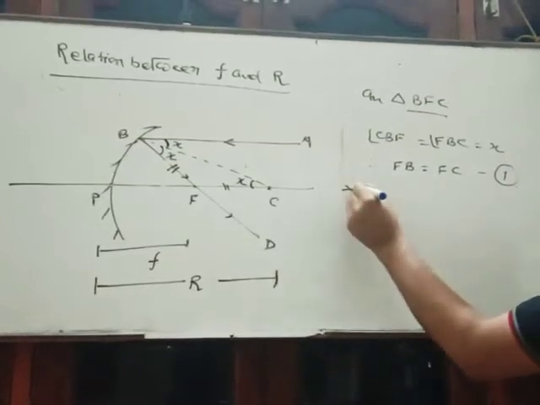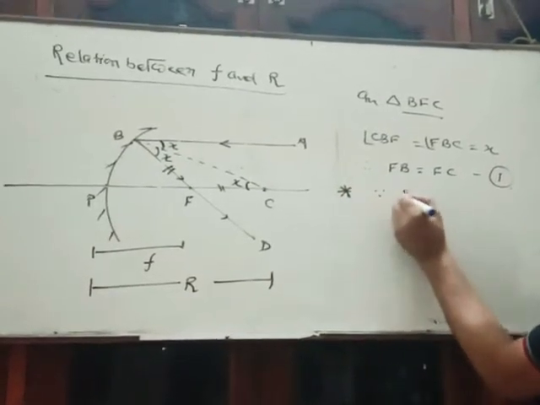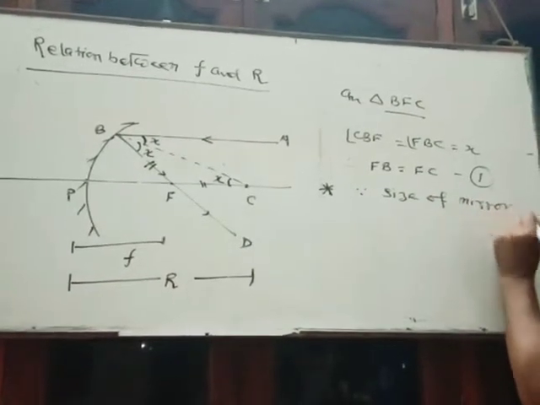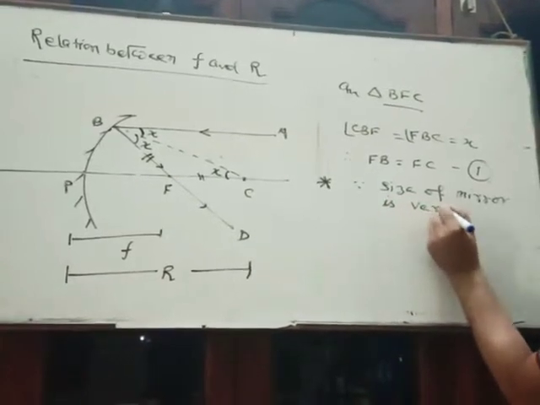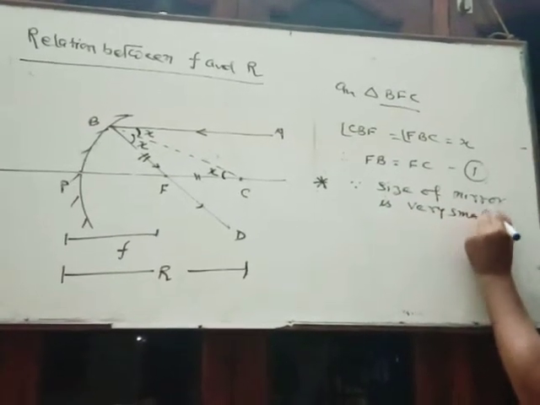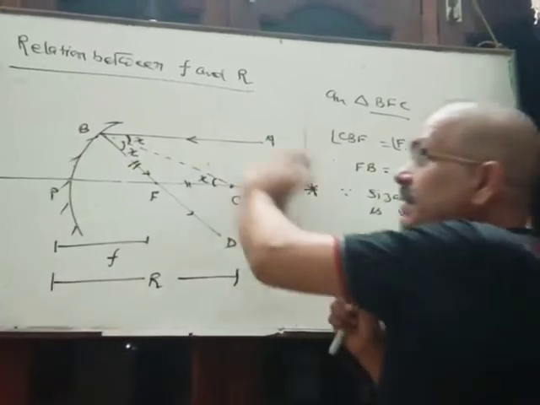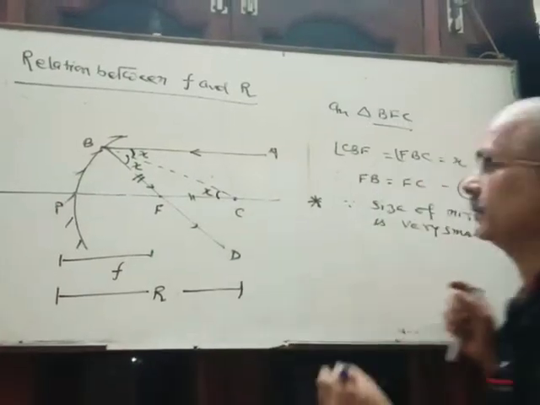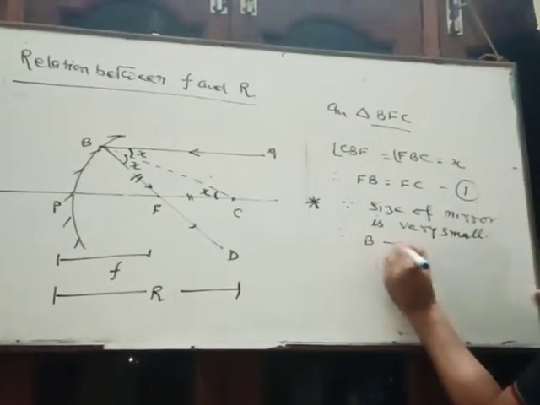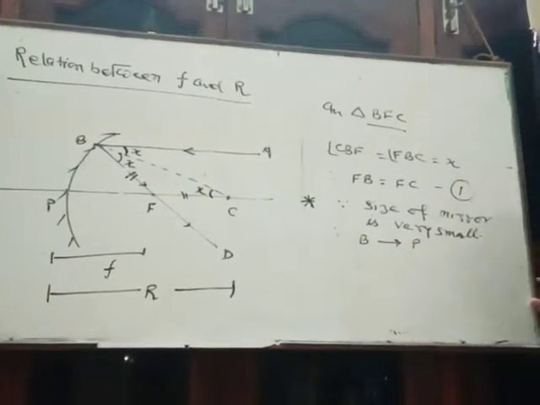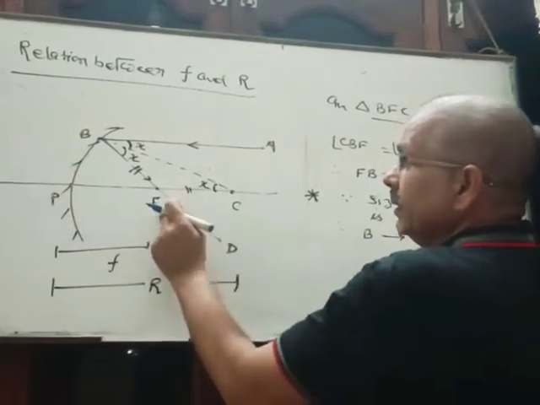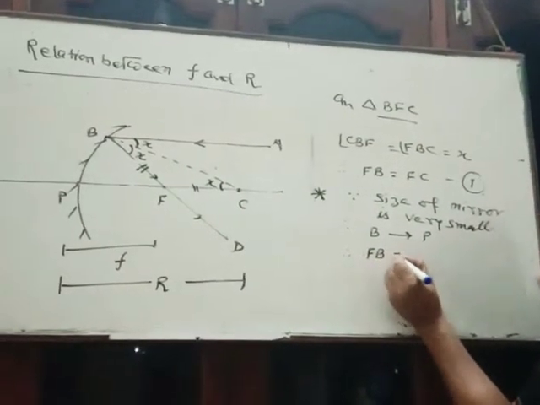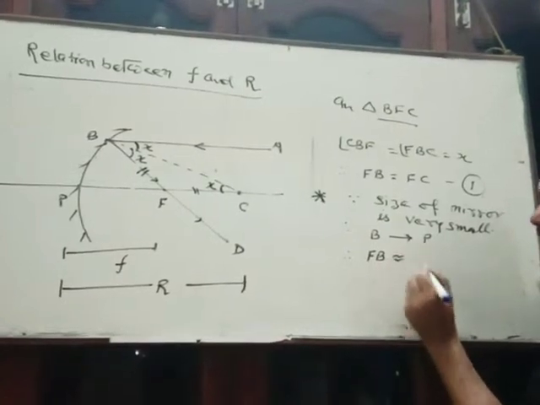Now the very important point, since the size of the spherical mirror is very small, because this is valid only when the size of the mirror is small, point B is very close to P. Therefore, point B is very close to the pole of the mirror, and then FB is nearly equal to FP.